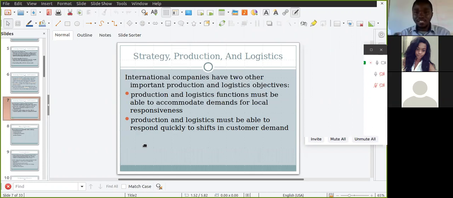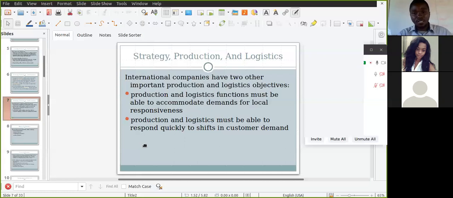If these changes are there, how is the production and logistics going to accommodate for this? Those are the decisions that you need to look at. You need to make sure that when demand goes up, you are able to meet the demand. When it reduces, you also have an alternative reaction to that scenario.